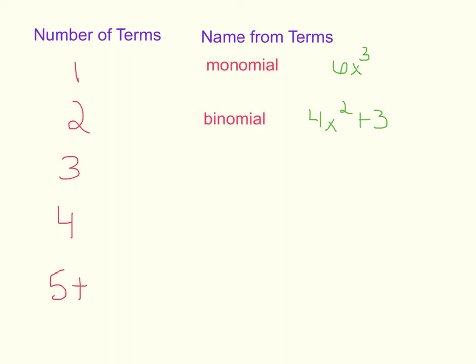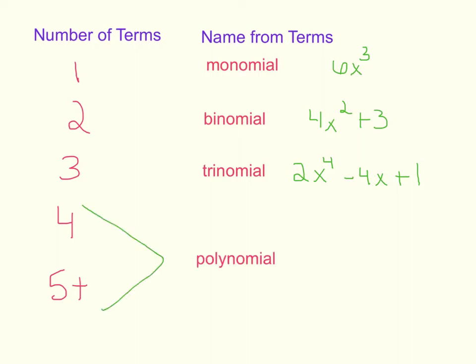When there are 2 terms, we would call it a binomial. And in this example, 4x squared plus 3, highest exponent 2, which means it's quadratic, so it's a quadratic binomial. If the polynomial has 3 terms, we call that a trinomial, and this has the highest exponent 4, so it's a 4th degree trinomial. And now anything that is 4 terms or more, we just simply call a polynomial.